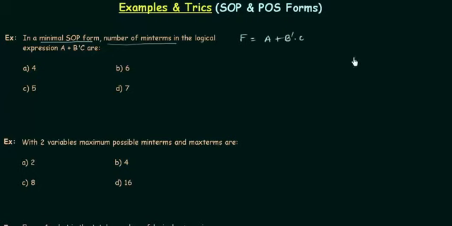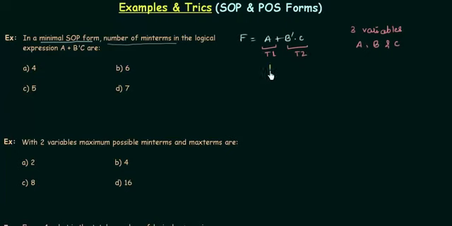So let me write it down. We have 3 variables and they are A, B and C. And step number 2, we have to find the absent variables. So this is term number 1, this is term number 2.